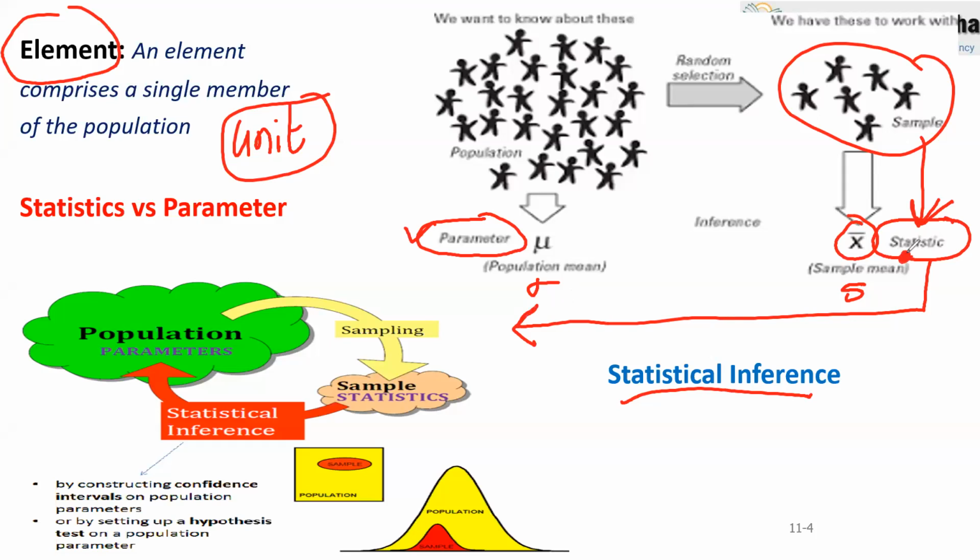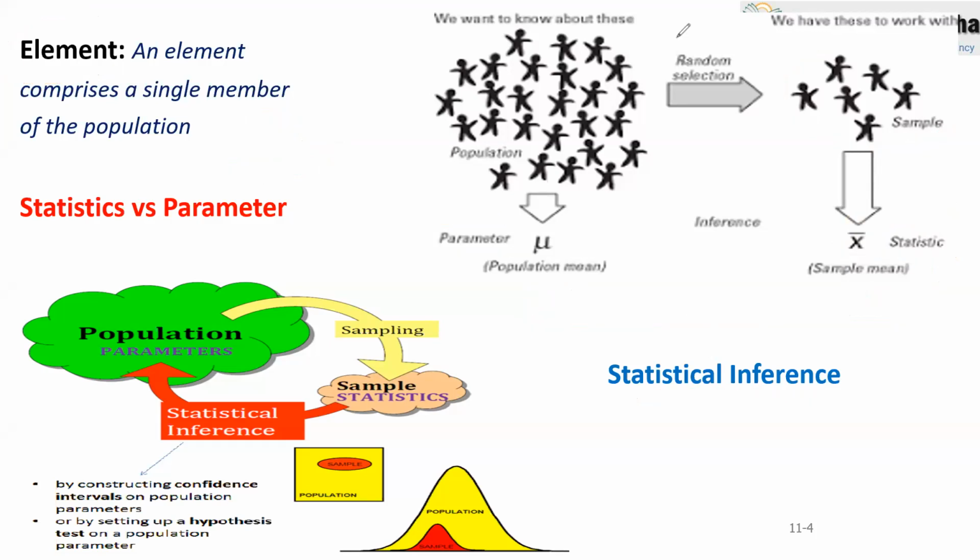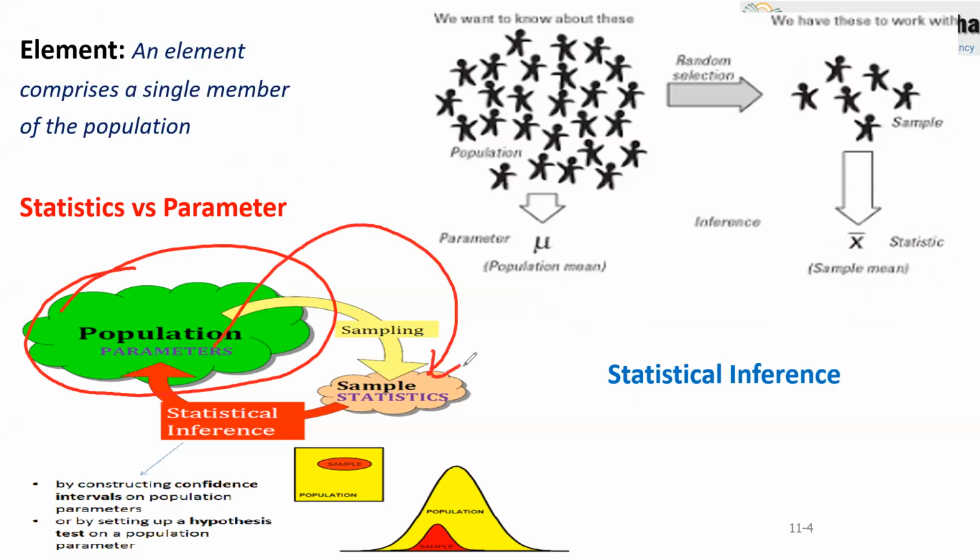So you are doing the study on the sample, but you are concluding for the population. From the population, you pick a sample, get results on the sample, and apply the results to the population.